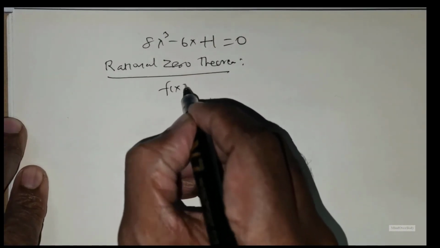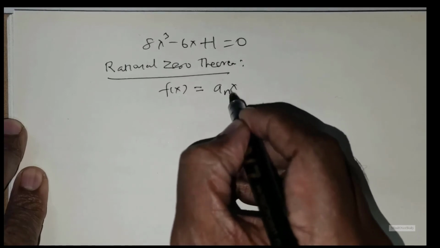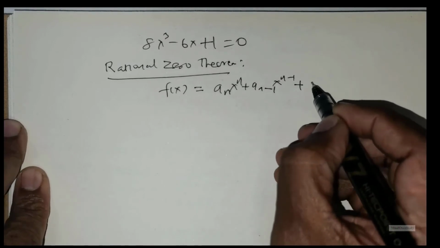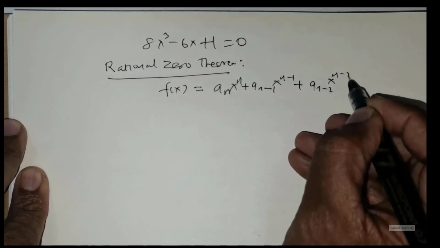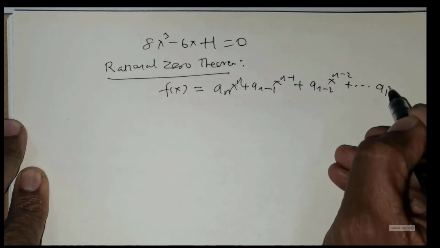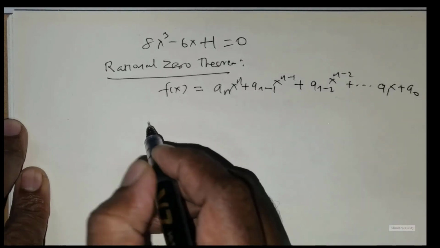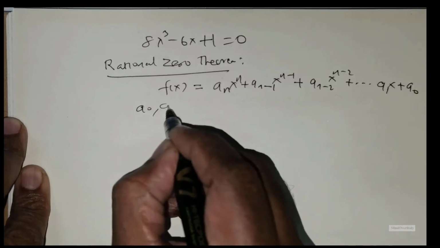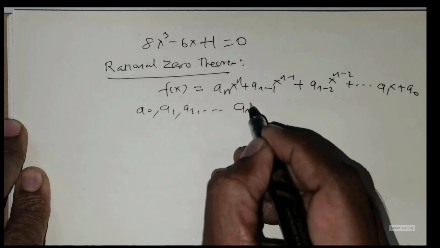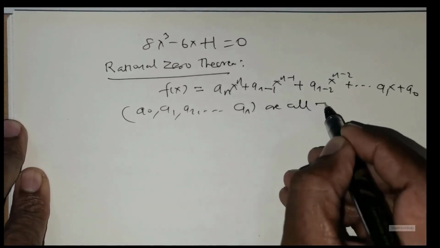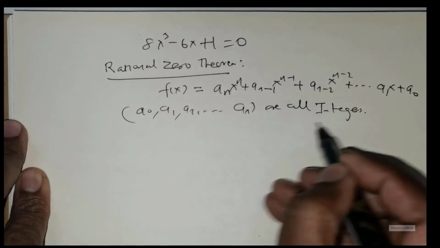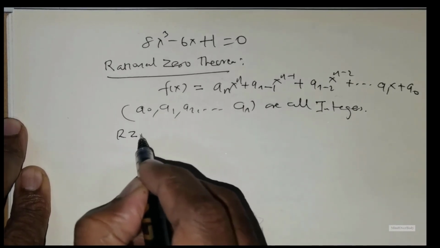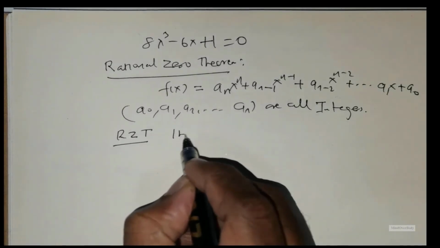Imagine you have a polynomial, say f of x is equal to a n x power n plus a n minus 1 x power n minus 1 plus a n minus 2 x power n minus 2 plus etc. a1x plus a0, where all of these coefficients a0, a1, a2, etc. an are all integers.